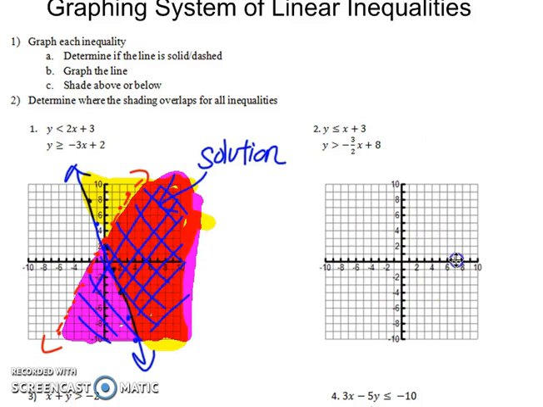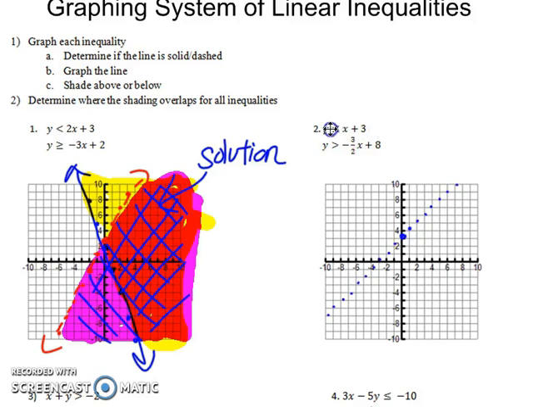So why don't you try this one over here, so press pause, or listen to me. So I'm going to go to positive 3, and then up 1 over 1. Then go down 1 and left 1. Okay.